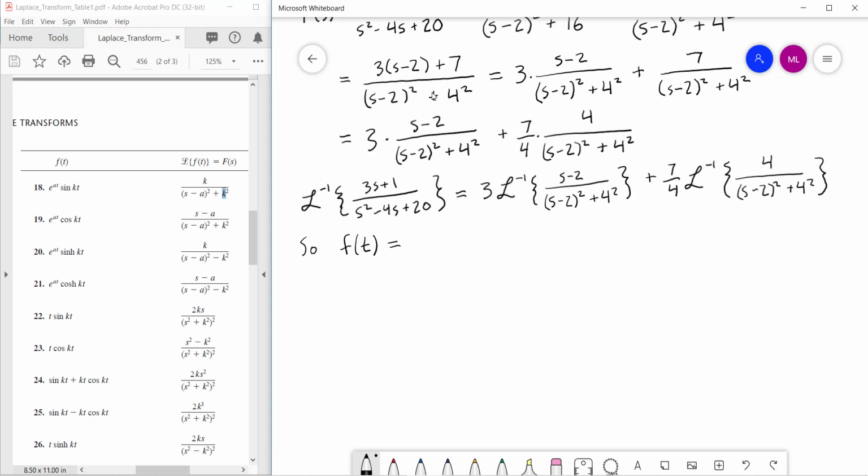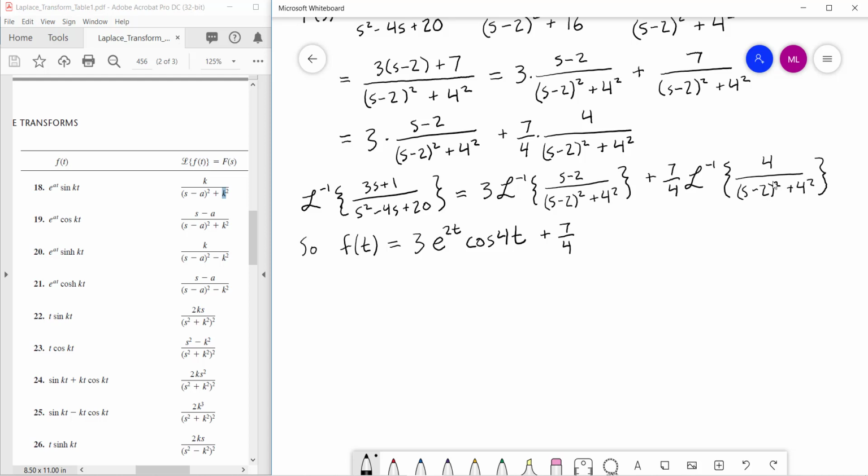And these two pieces compute directly to give us our f of t, which is going to be 3. This one transforms according to this rule, line 19. K is equal to 4 for us. A is equal to 2 for us. So we're going to get e to the 2t cosine of 4t from that first piece. And then for the other term, we have a 7/4 sitting out in front of everything.